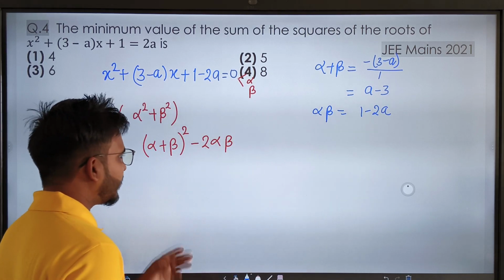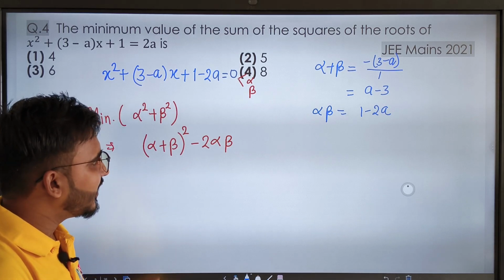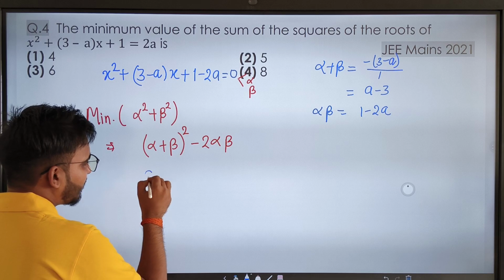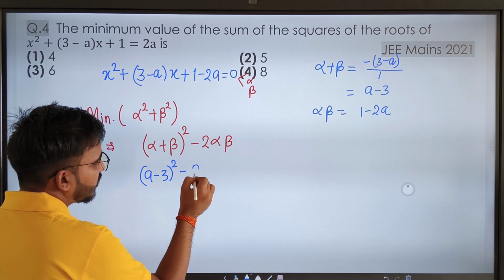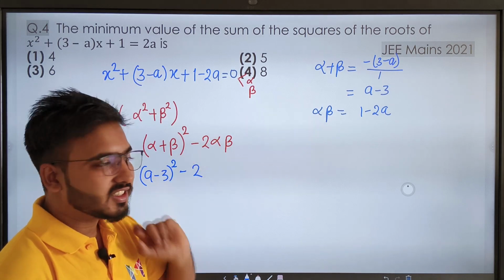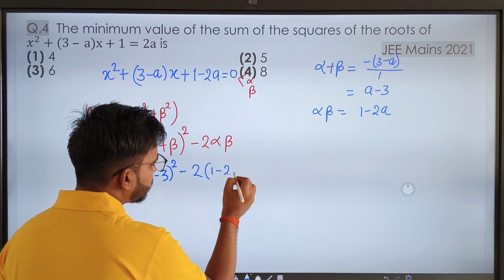Let's put these values in this expression. So alpha plus beta is (a minus 3) whole square minus twice alpha into beta, that is 1 minus 2a.